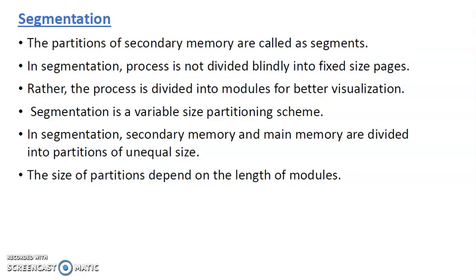In segmentation, the secondary memory and main memory are divided into partitions of unequal size. The size of partitions depends on the length of the module. This is segmentation, which is another method of non-contiguous allocation.